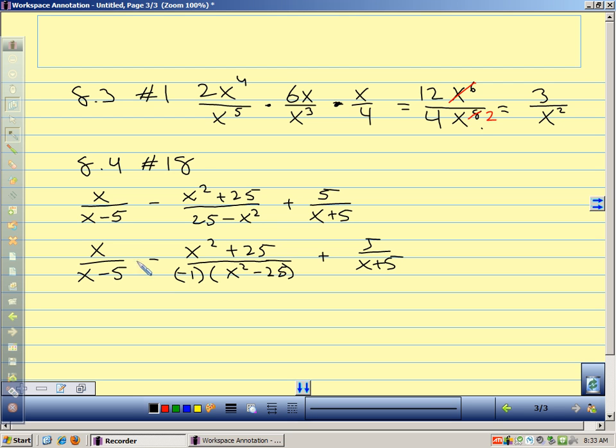And now this minus 1 and this negative sign are going to combine to make a positive sign. So that's going to be x over x minus 5 plus x squared plus 25.